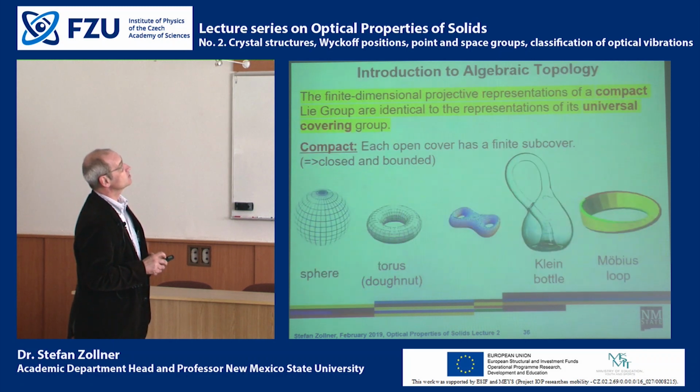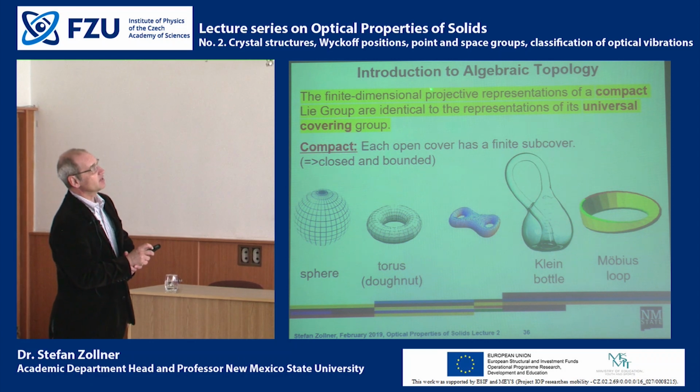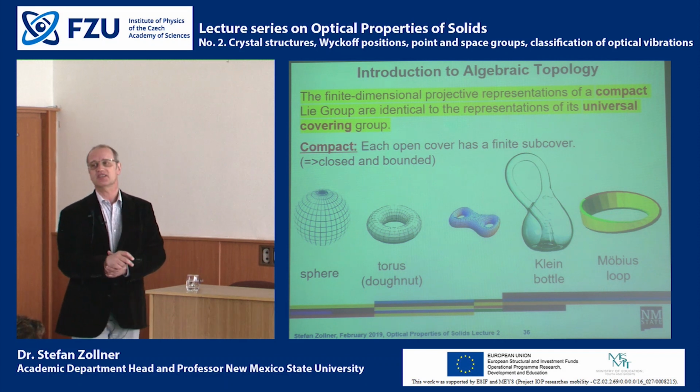So let's look at this theorem again. The finite dimensional projective representations of a compact Lie group, we're interested in the rotation group SO3, are identical to the representation of its universal covering group. The universal covering group is SU2.